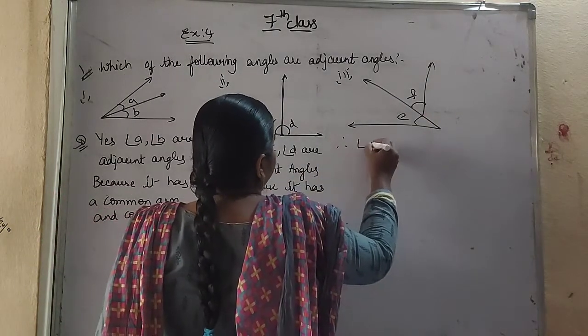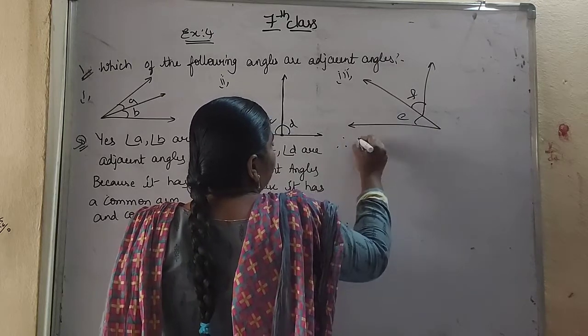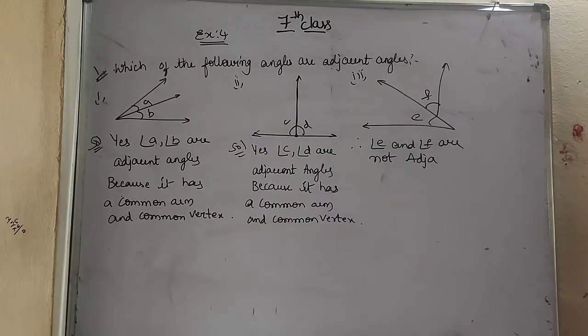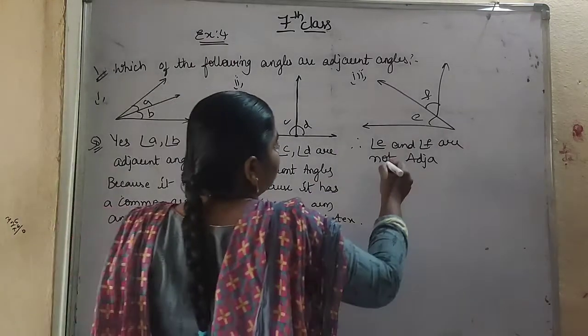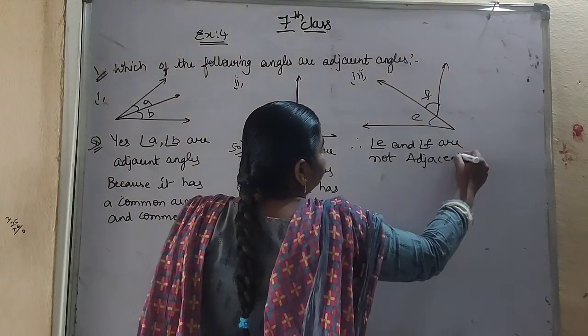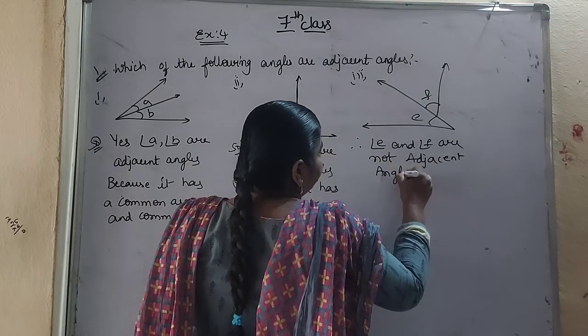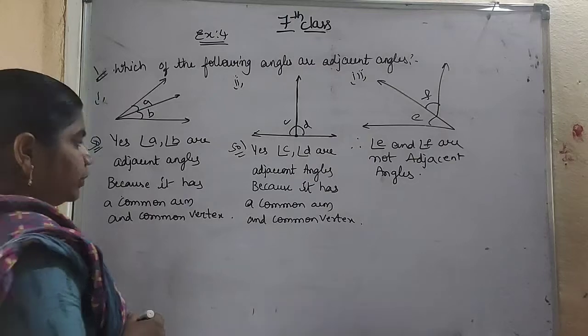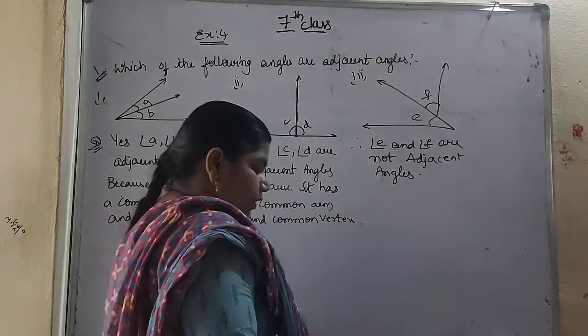Therefore, angle E and angle F are not adjacent angles. So this is our third question in this first part.